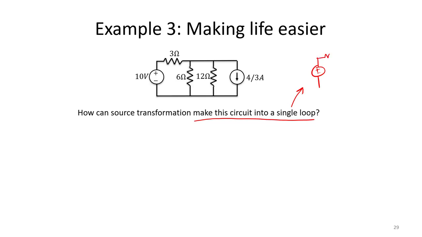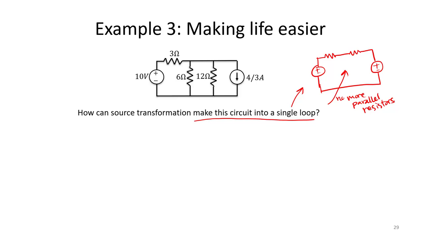And when I say single loop, I mean something like this. So notice there's no more parallel resistors inside there. So that would make the circuit a lot easier to analyze, wouldn't it?